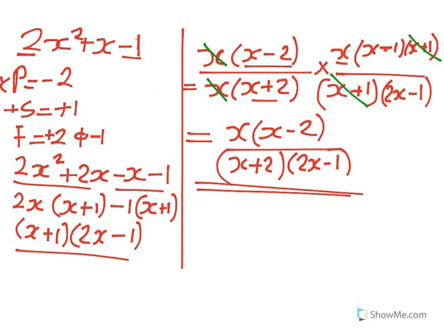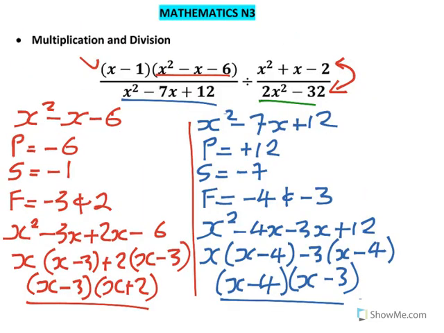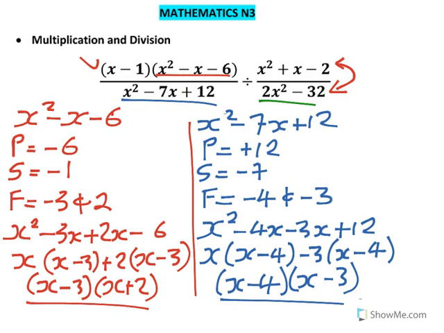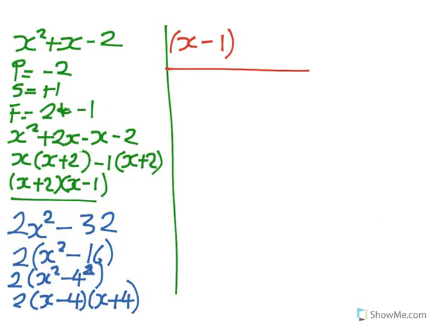If we put them accordingly, remember, we did have x minus 1. For x squared minus x minus 6, we have got x minus 3, x plus 2.